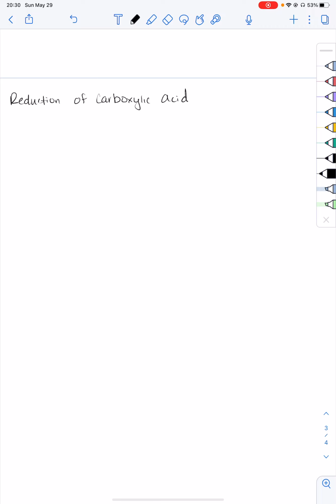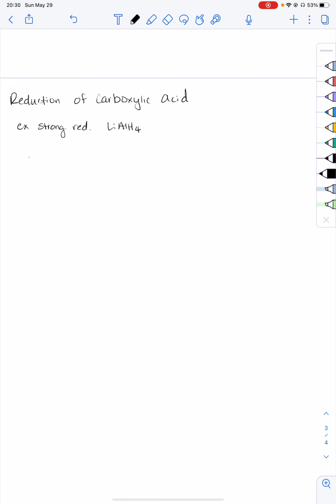Which is going to give you carboxylic acid derivatives. So carboxylic acids, acid halides, esters, and amides are easily reduced by strong reducing agents. And examples of those strong reducing agents are going to be lithium aluminum hydride, and the carboxylic acids, acid halides, and esters are reduced to alcohols, while amide derivatives are reduced to an amine.